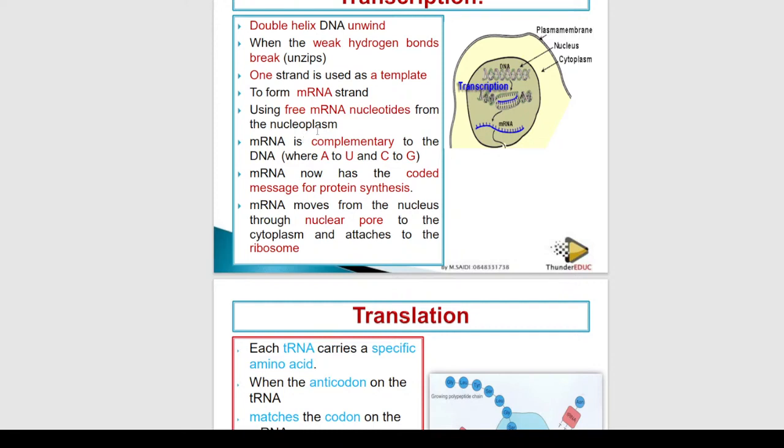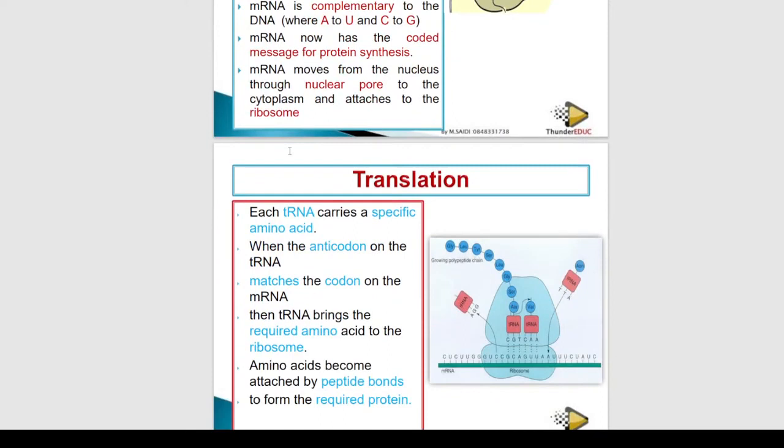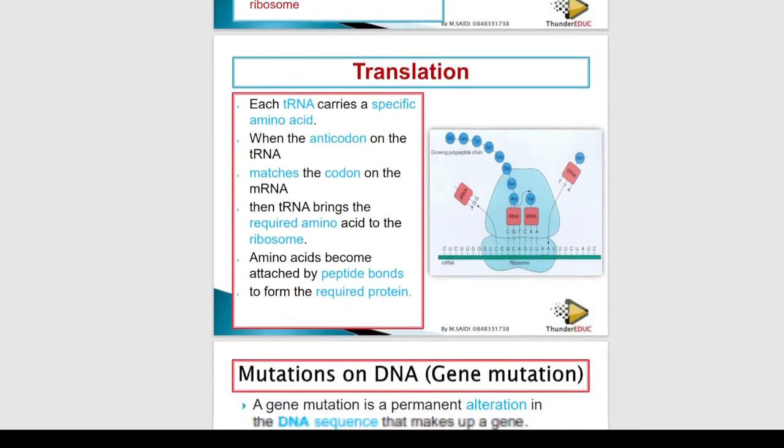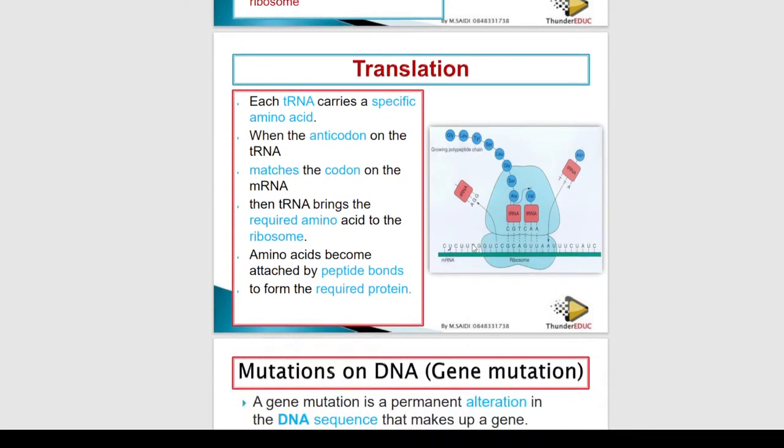Then you are asking, how does the gene mutation occur during DNA replication? Remember, when you talk about gene mutation, it's like a point mutation. It occurs at a specific point. For example, this part might be removed, or one base is being replaced, and then obviously it is going to be a different person.